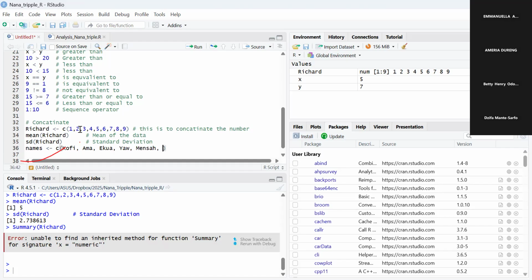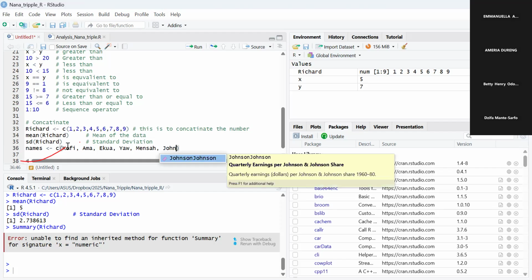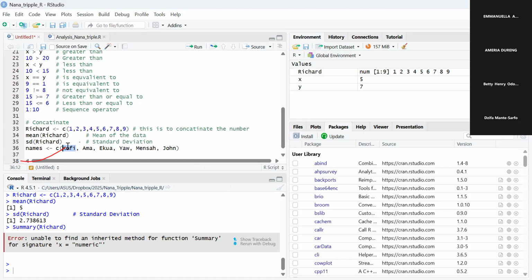Whichever way. But there's a catch word here. Please pay attention here. Usually, when you have such names, you have to put them in quotation marks. How do you put them in quotation marks? Just highlight the name, press shift and then the double quotation, and it will put it in quotation marks.